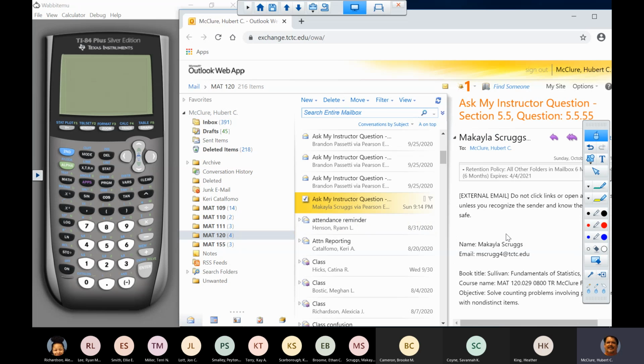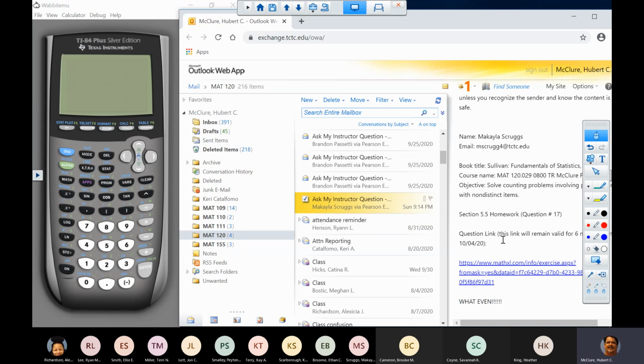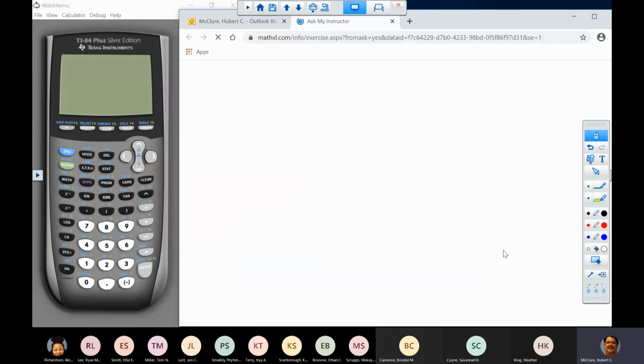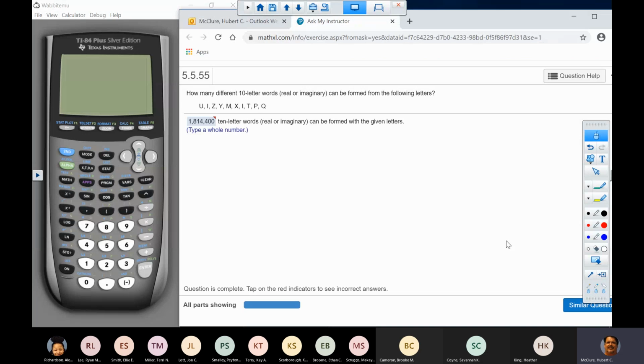Next one, 5.5, 55/17. I feel like I'm doing the last part of y'all's homework for you. 17, 18, 19. Okay, this one is a little bit different. Remember I told y'all how to do smile or a number?